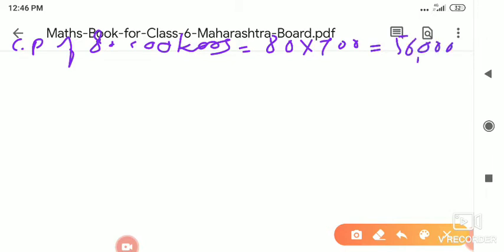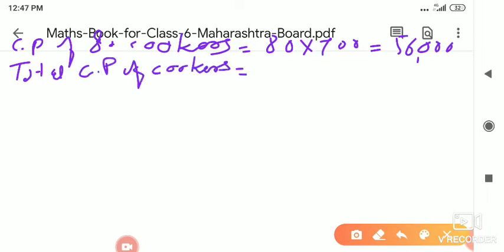Then the total cost price of the cookers is equal to 56,000, the cost price of the cookers, plus we have to add the transport charges, which are 1280.